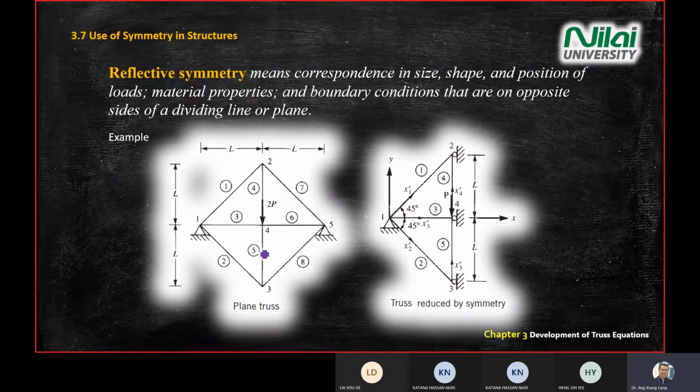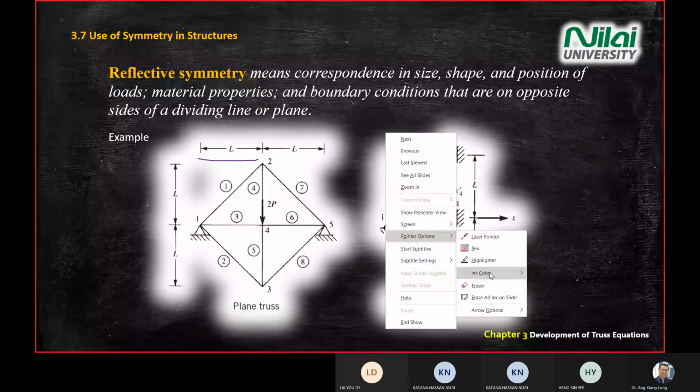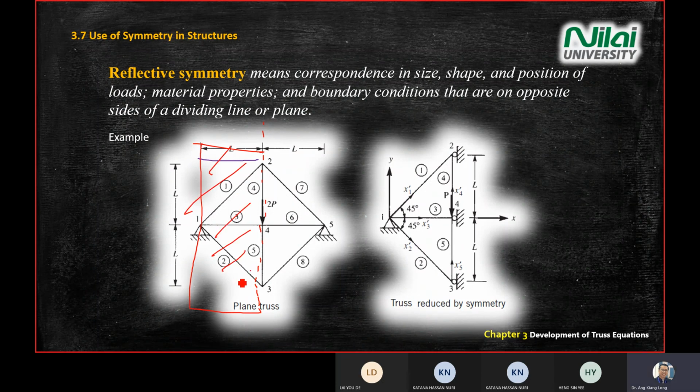When you do analysis for this kind of structure, we only need to analyze half of the structure. Maybe I'll use red color. This is called a symmetric structure, where if you mirror both sides, you will see the same thing. So we only need to analyze either side. You can choose left or right to analyze.